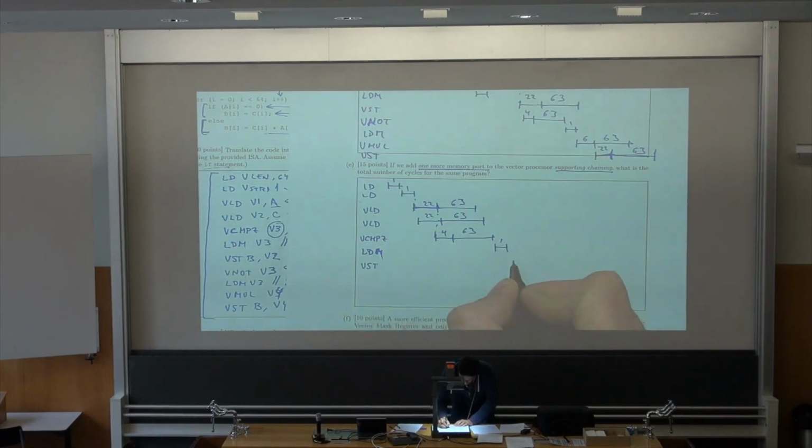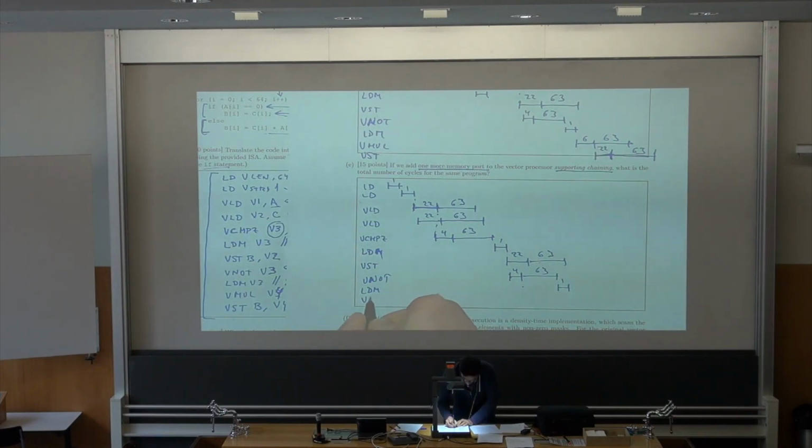Then we start the execution of the first vector store, 22 plus 63, and then we overlap with the V0 and with the LDM as we did before. This is 4 plus 63. This is one more cycle.